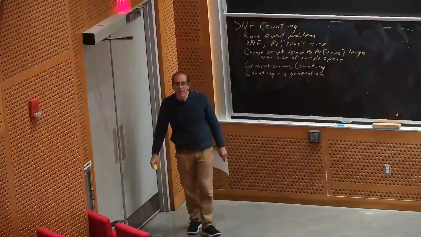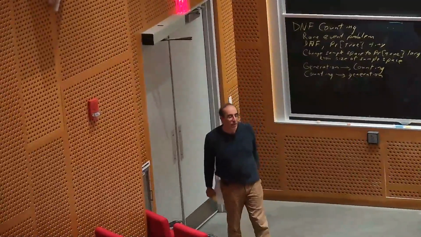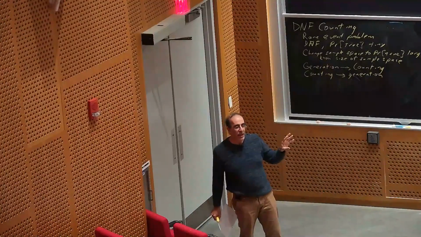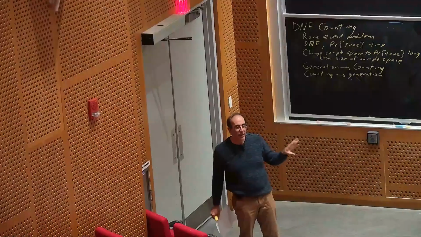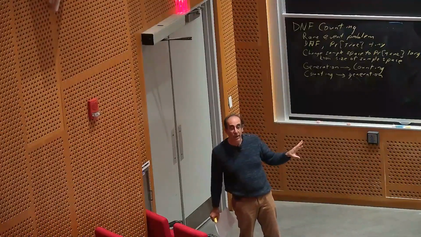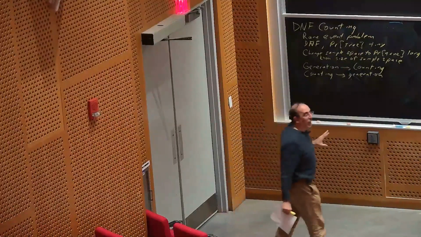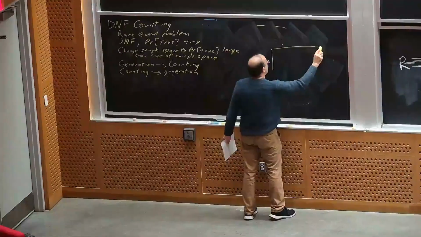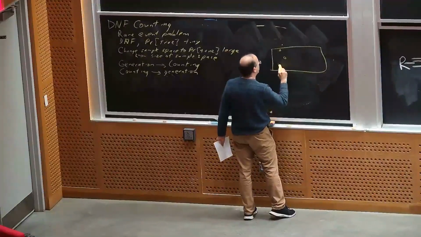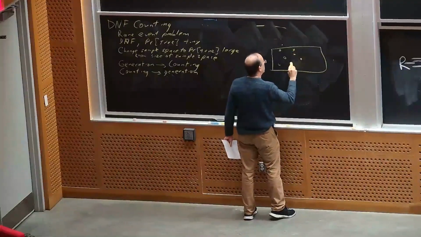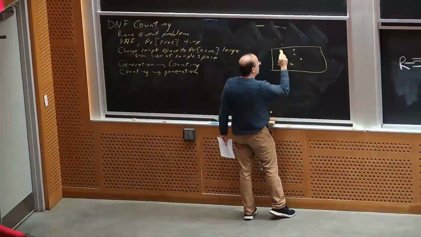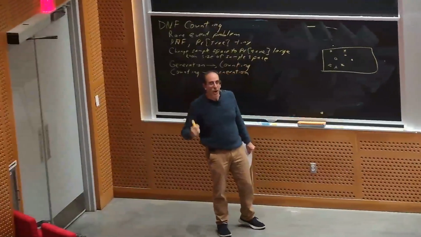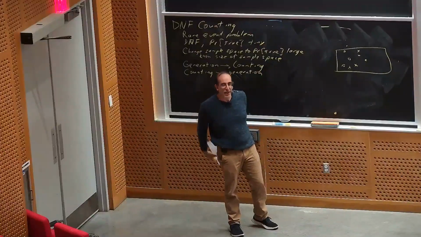Now, I mentioned last time that our counting algorithm could actually be seen as an algorithm for generating satisfying assignments uniformly chosen. Because in our model with its circles and x's, the circles are a single copy of what we want, one of each satisfying assignment.